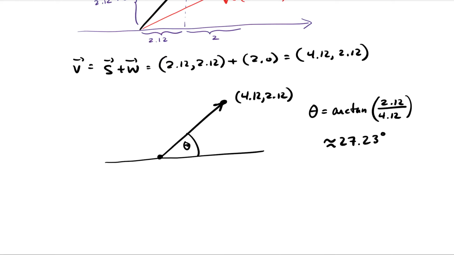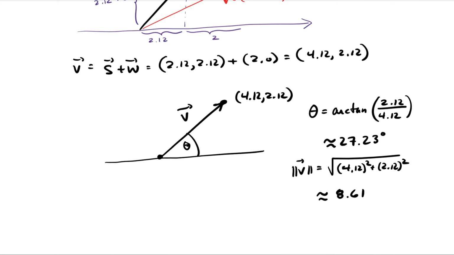And now the magnitude of V is the square root of the sum of the squares of the coordinates. And this is going to give us approximately 8.61. So this is kilometers per hour.